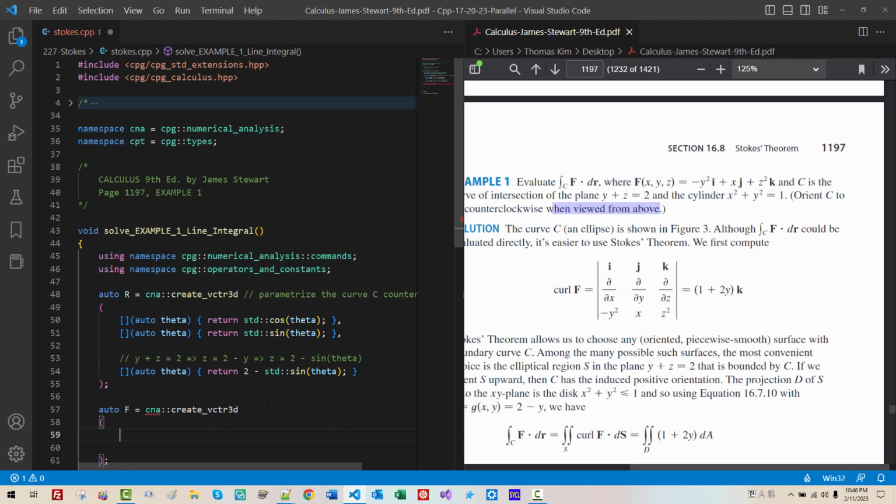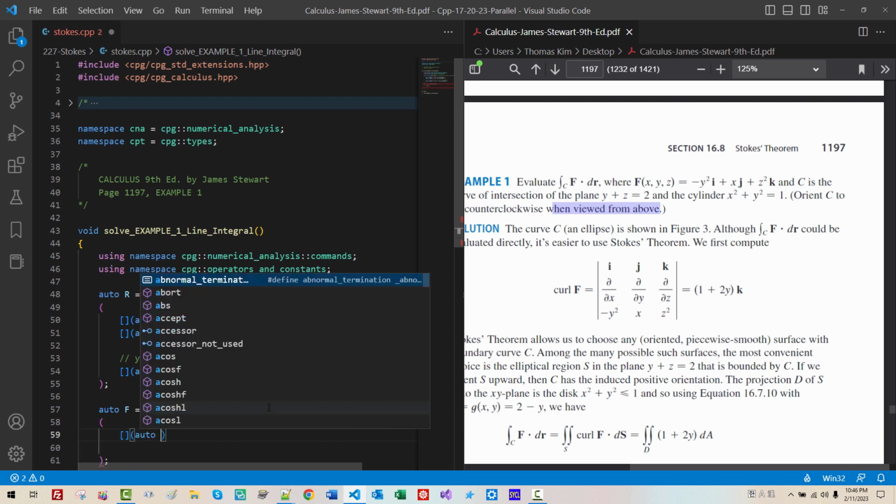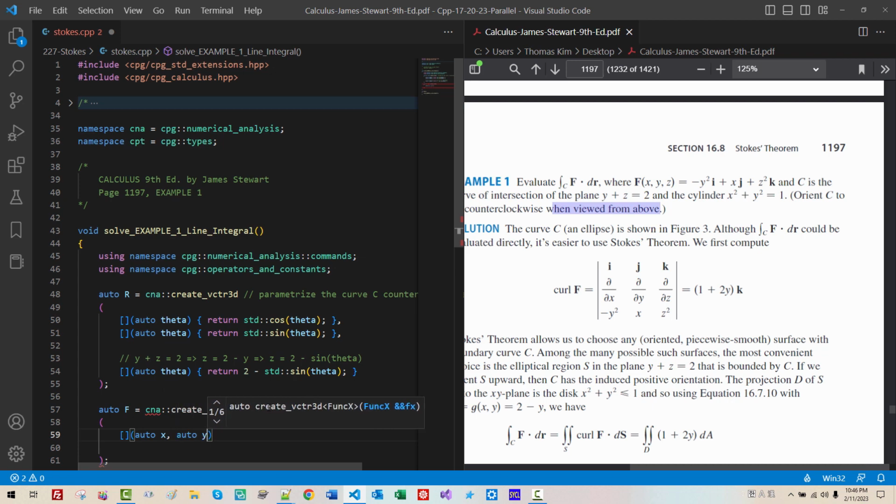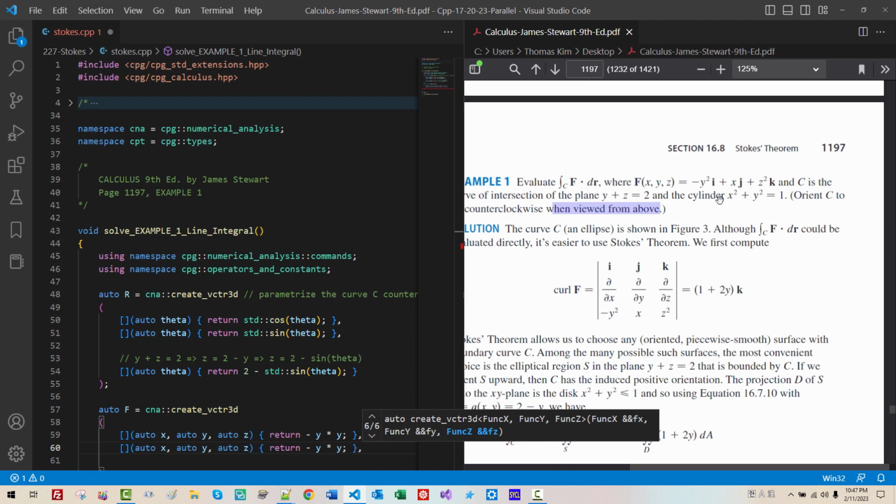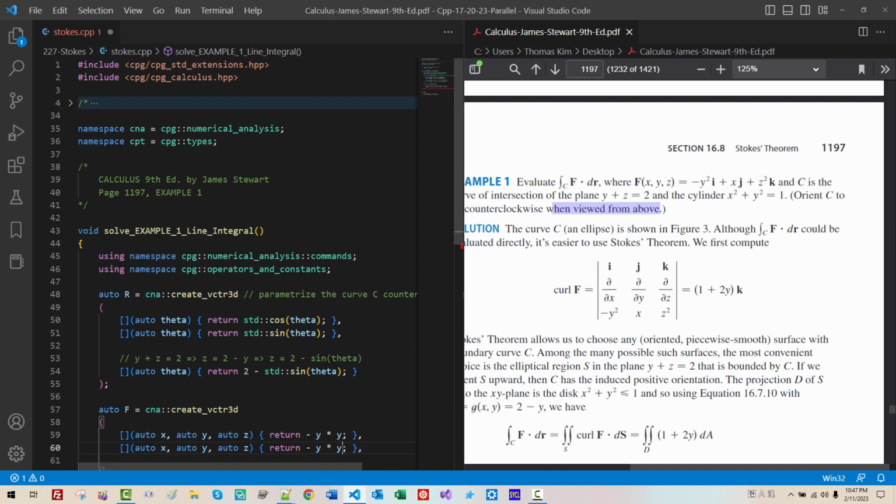Please understand, we should take three parameters, x, y, z. The x component is negative y squared, return negative y times y, comma, copy, paste. This should be comma, comma. Now the j term is x, so we return x.